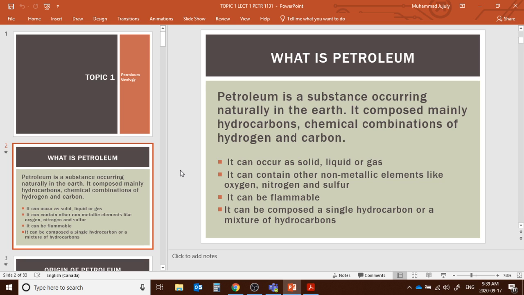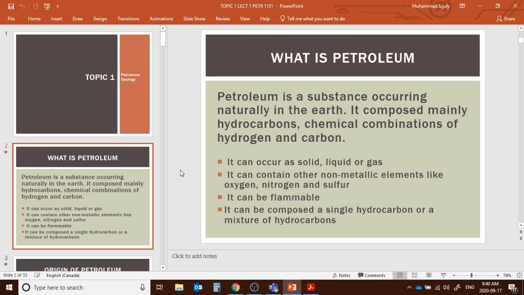Okay, it can occur as a solid, liquid, and gas. We all know coal is an example of a solid, and crude oil, that means gasoline, is an example of a liquid, and natural gas like methane, ethane, or even butane are examples of gas.